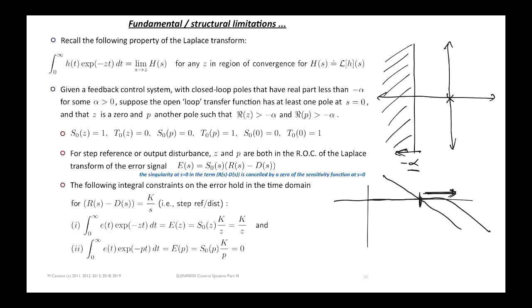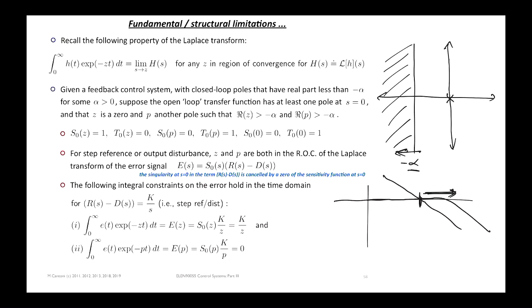So if z and p are to the right of this line, then they'll be in the region of convergence for the Laplace transform of the error signal. In view of that, we can write down these integral constraints, which really just follow from the definition of the Laplace transform.